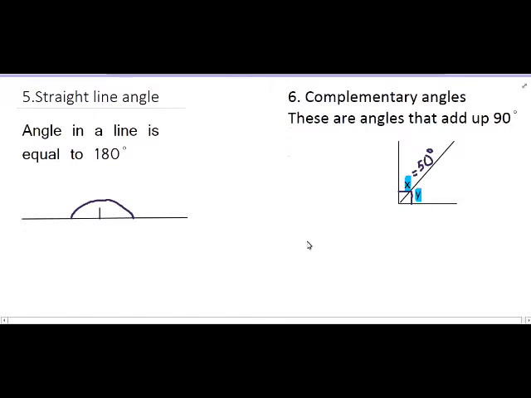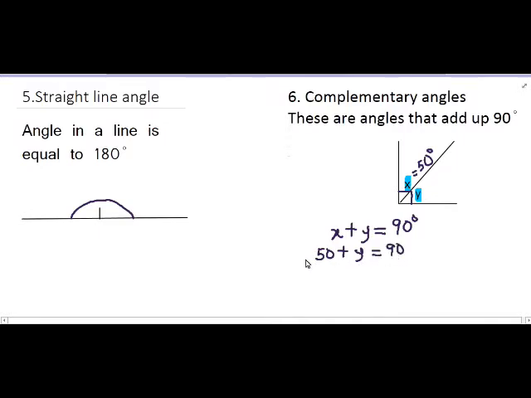Let's solve for Y. So right here we have that X plus Y is equal to 90 degrees. Why is it 90 degrees? It's 90 degrees because they are complementary angles, and we say that complementary angles add up to 90 degrees. So we defined our X as 50, Y as the variable, and then 90 degrees.